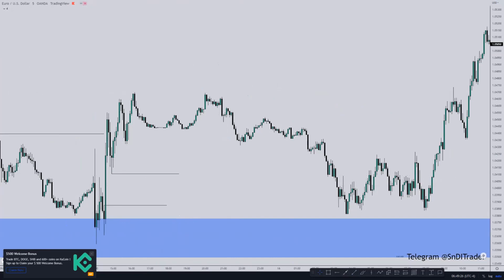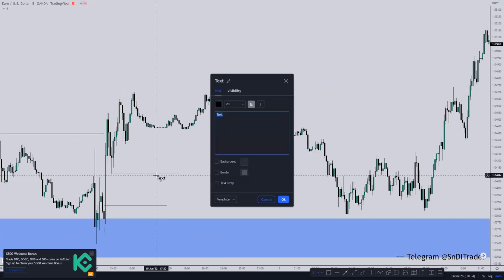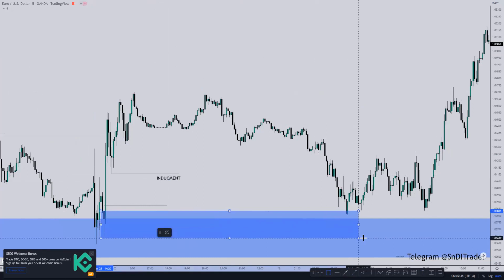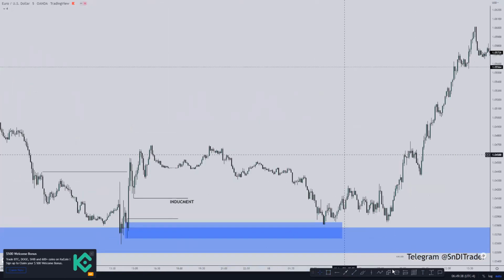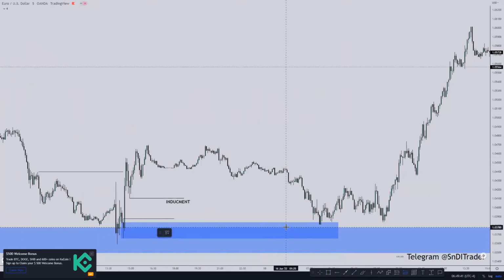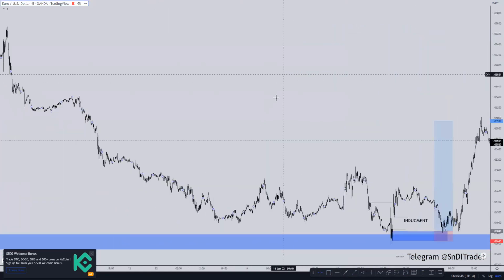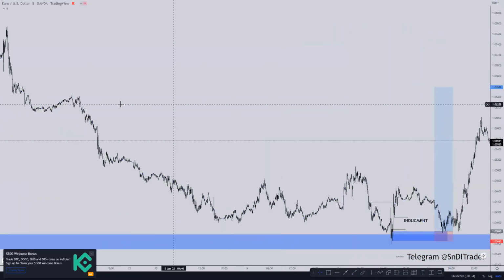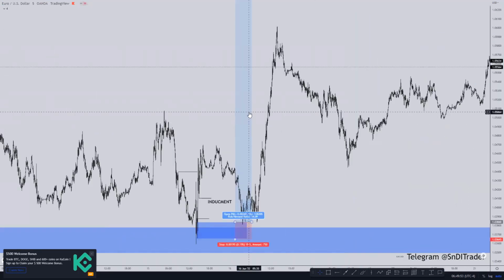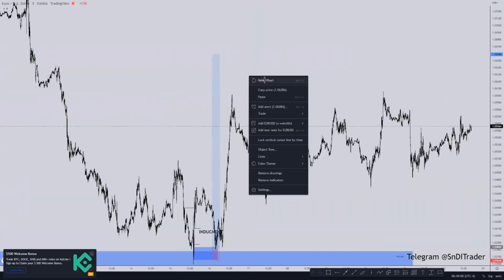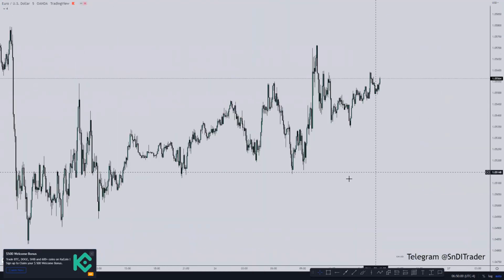So this will be your inducement, and this will be your point of interest for buys. You can look for buys here, set the limit orders here, and this will be your confirmation entry targeting the previous highs. That is how these things work. This can be a good 1:14 risk-reward trade. That is how the inducement thing works.